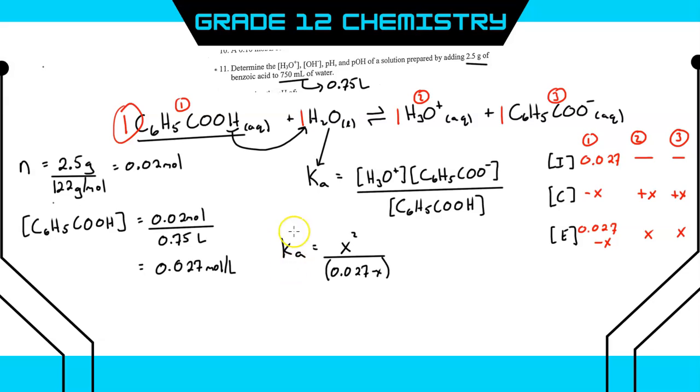If you have a table from your chemistry class, you can look it up. It is 6.5 times 10 to the minus 5 for benzoic acid. And that equals, once again, X squared over 0.027 minus X.